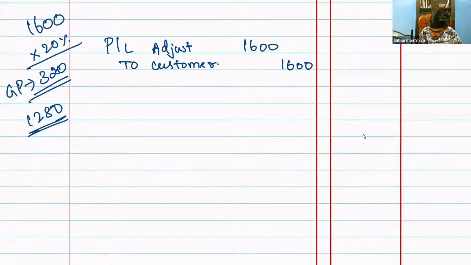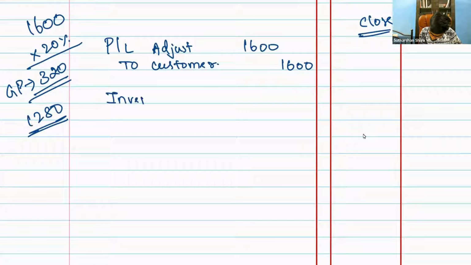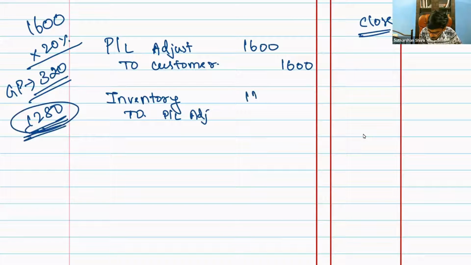For the wording, they have given the close of the year. For that, we need to pass a closing stock entry. The closing stock entry will be inventory to P&L adjustment. For this 1280, that cost value we will do 1280, 1280.